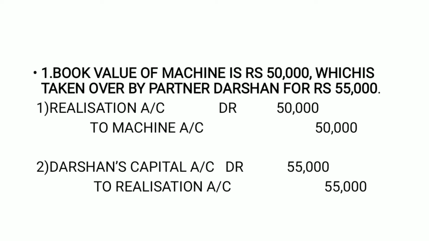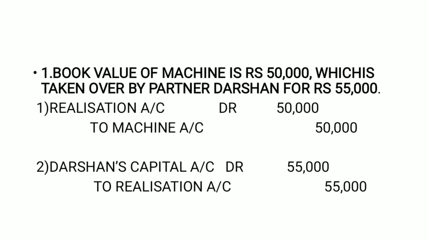It says realization account debit 50,000 to machine account 50,000. Being machine account is closed and transferred to realization account.